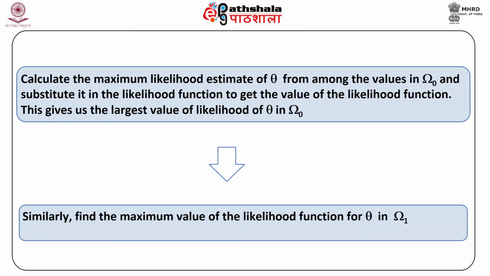These steps are as follows. First, calculate the maximum likelihood estimate of theta from among the values in phi 0 and substitute in the likelihood function to get the value of the likelihood function. This gives us the largest value of the likelihood for theta in phi 0. Similarly, find the maximum value of the likelihood function for theta in phi 1.